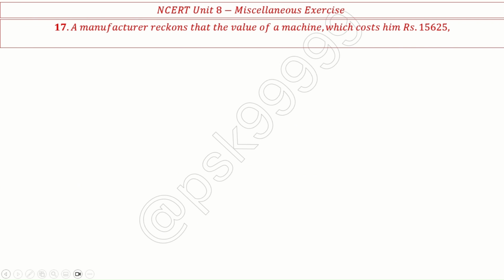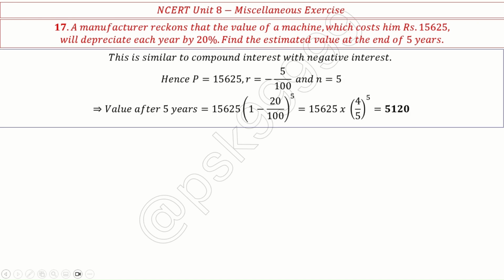A manufacturer reckons that the value of a machine which costs him 15,625 will depreciate each year by 20%. Find the estimated value at the end of 5 years. So it's a depreciation question. So R is minus 20%, which is minus 20 by 100.